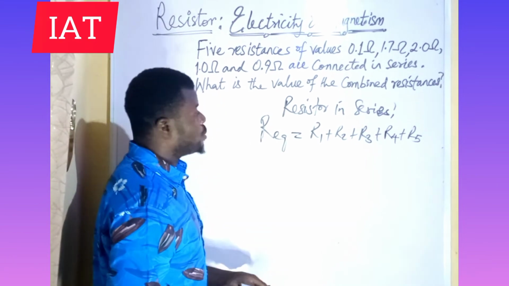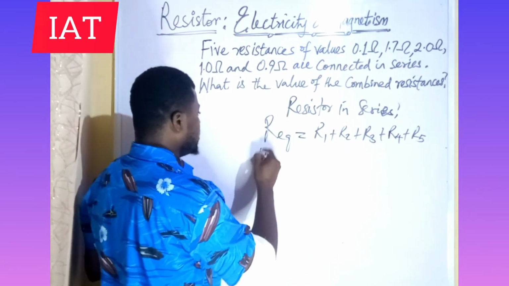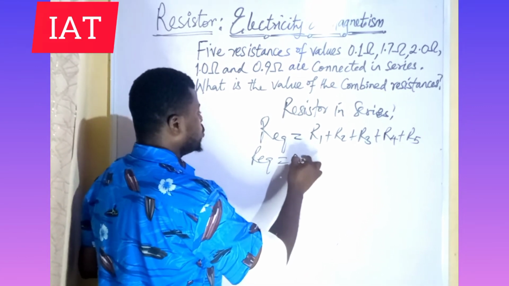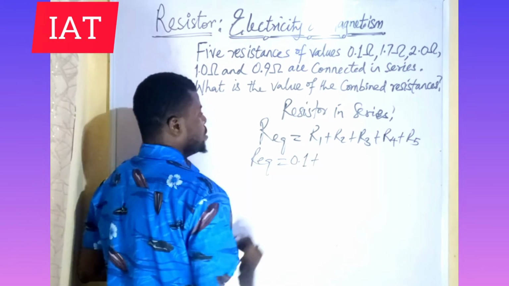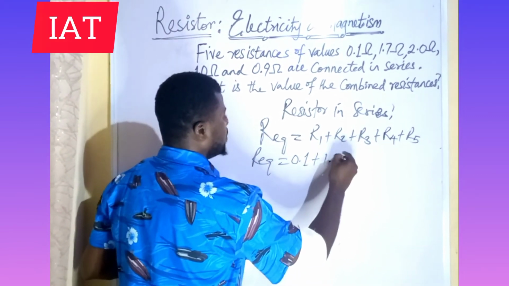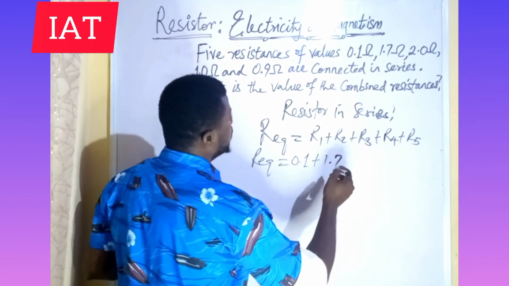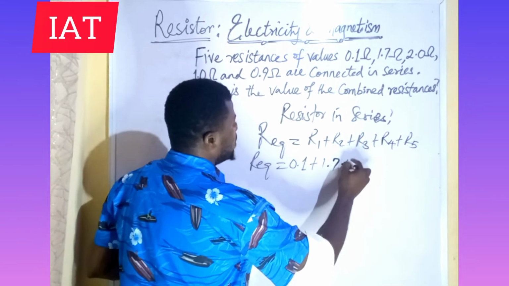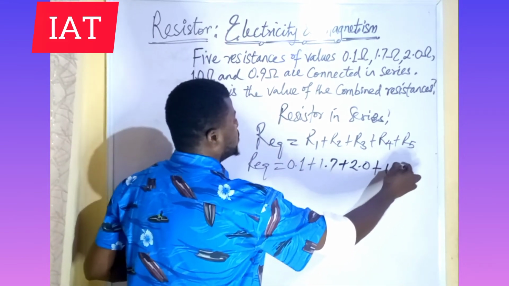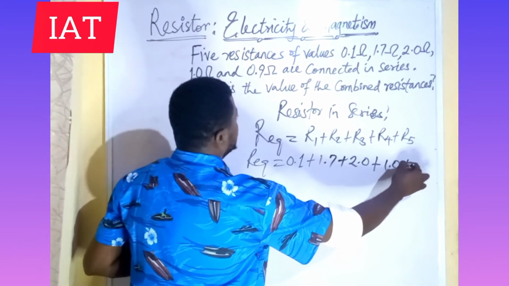So the best way to substitute is just to put in these values there. And that will be easy and simple. R equivalent is equal to, the first value is 0.1 plus, the second value we have there is 1.7. We have the next value to be 2.0. We have the next value to be 1.0, and then the last value we have there is 0.9.